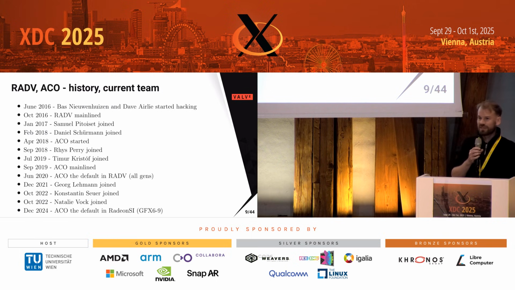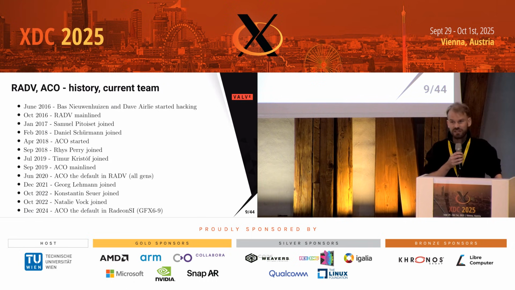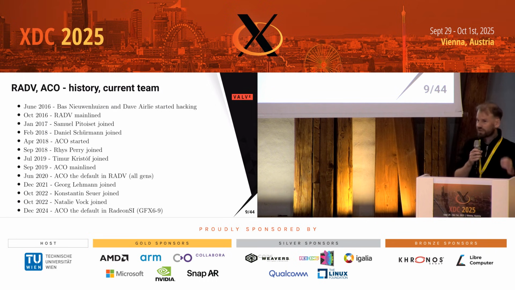By doing so, if there's a bug in the compiler, then you have to wait for the next LLVM release until it gets finally fixed, or you have to carry workarounds in the driver. Other drivers, like AMD VLK, for example, just ship their own version of LLVM to get around this issue. This wasn't really an option for us.